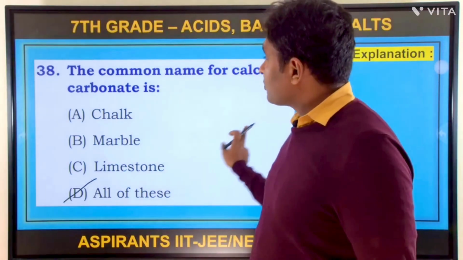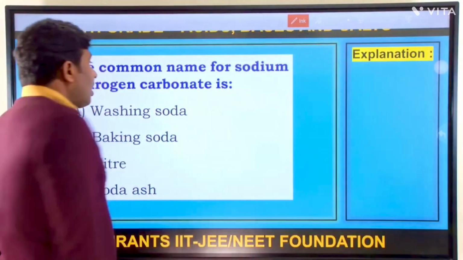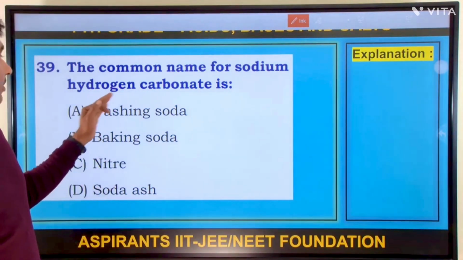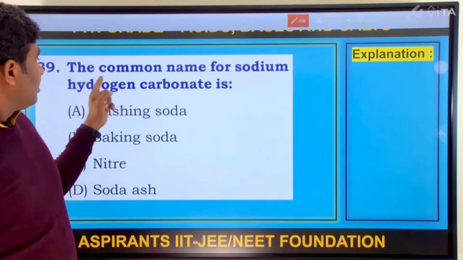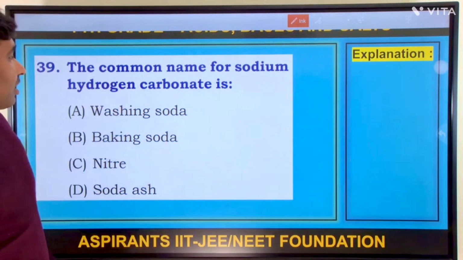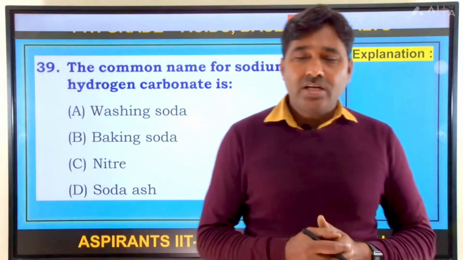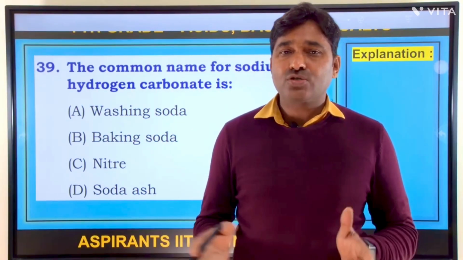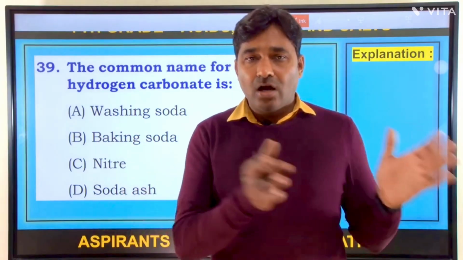Now, next question. The common name for sodium hydrogen carbonate is, nothing but sodium bicarbonate. The chemical name of NaHCO3 is sodium hydrogen carbonate, otherwise sodium bicarbonate.